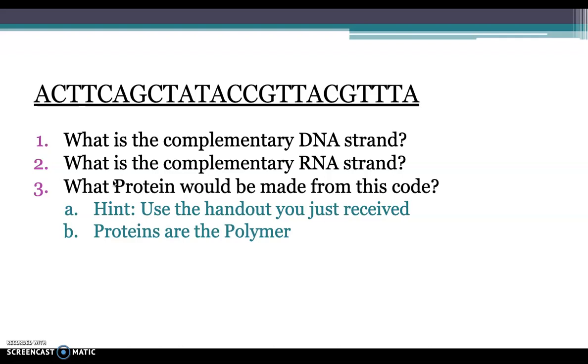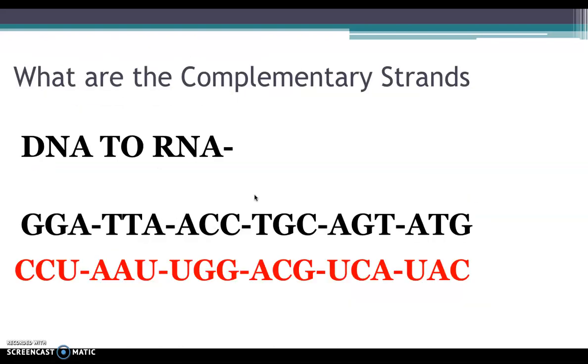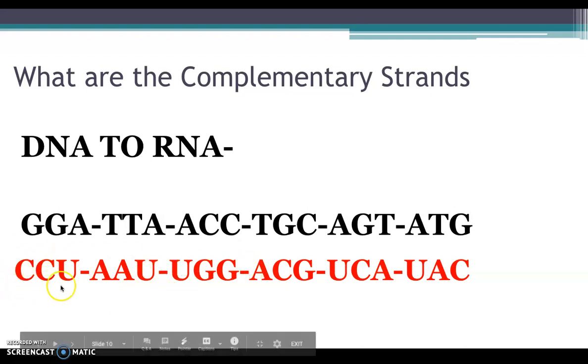When we have an RNA strand, it's segmented into 3 nucleotides at a time. These are what we call codons. 3 letters is a codon, and those 3 letters code for a specific amino acid.